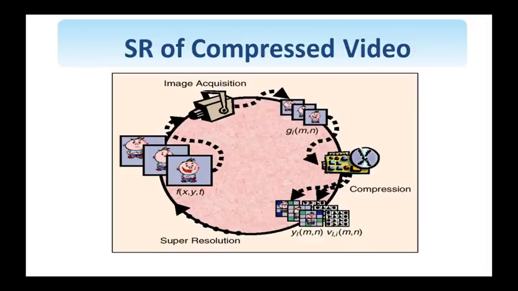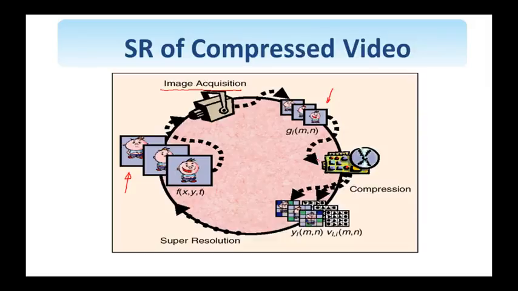So according to it, we start with the high resolution video here, which is acquired by a camera, and based on an acquisition model like the one we described in the previous slide, this low resolution video is observed.